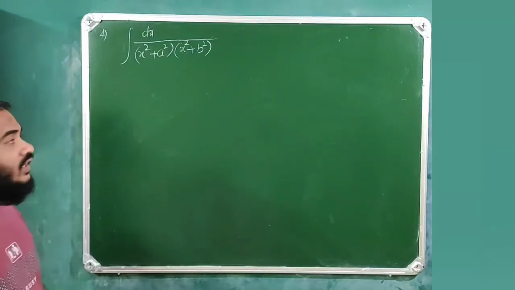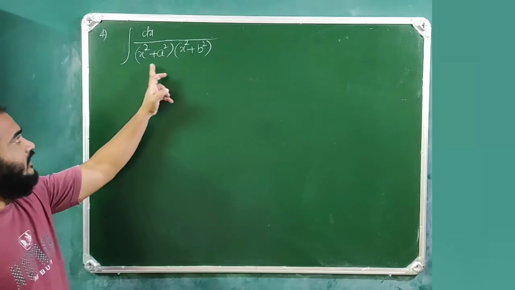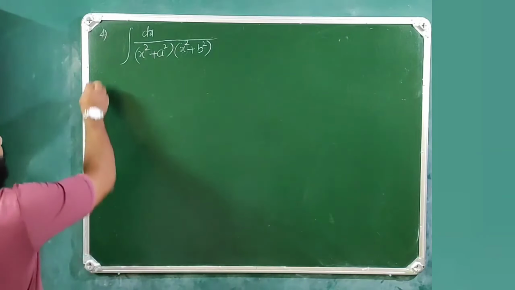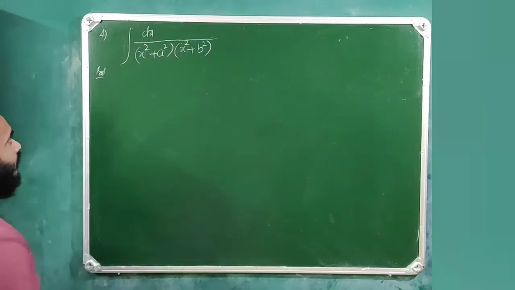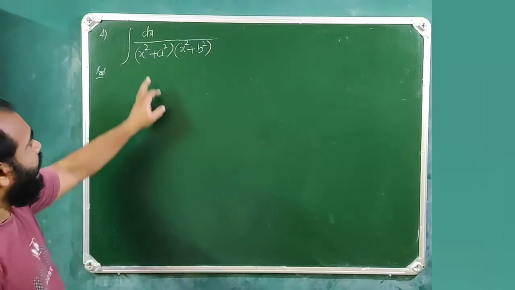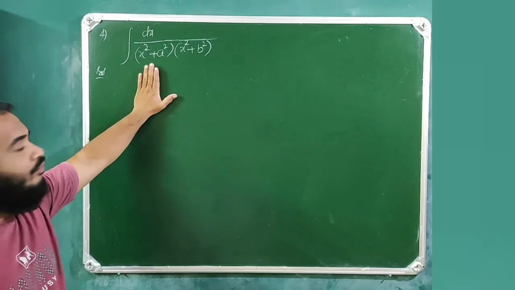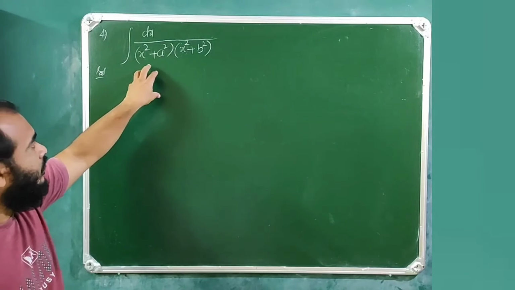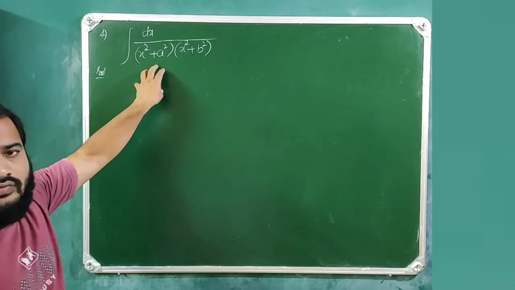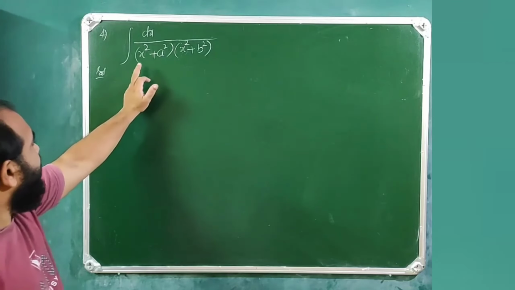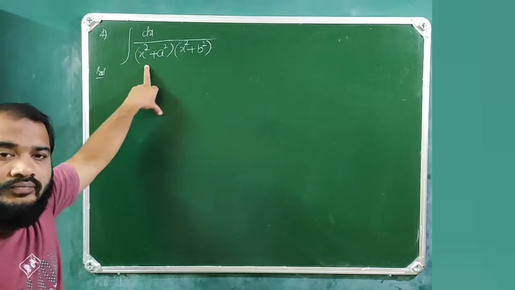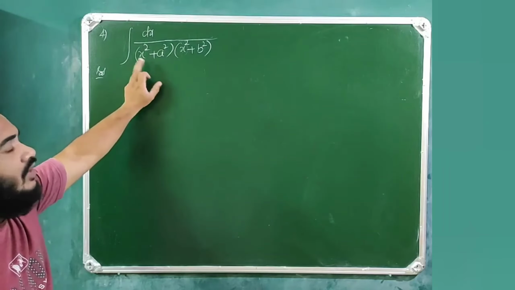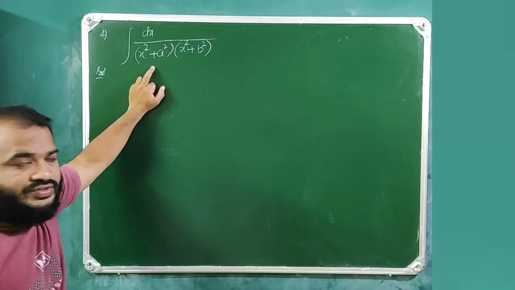The next question is integral dx by x square plus a square into x square plus b square. So how can we solve this? The denominator contains x square plus a square, which is a non-repeated irreducible quadratic factor, because we don't have real roots for this.